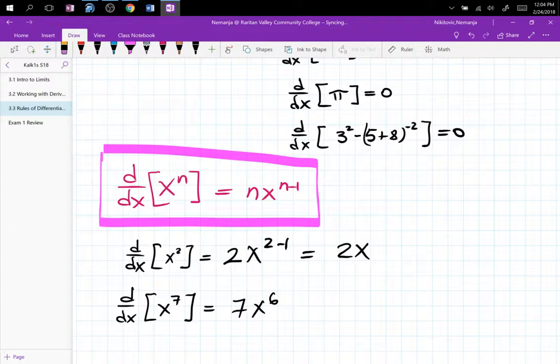So n is 7, 7x, 7 minus 1 is 6. Or the limit of x plus h to the 7, Pascal's triangle for the coefficients of the expansion of x plus h to the 7, and then after 30 minutes you have your 7x to the 6th power.